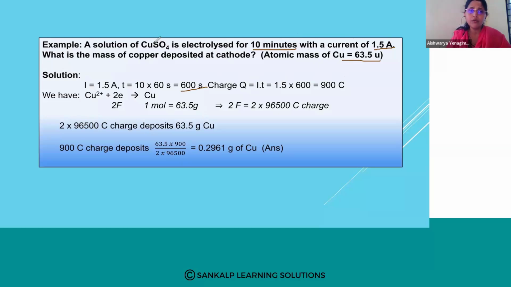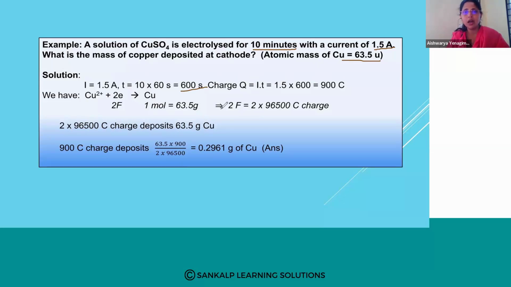So copper from copper sulfate solution. The reaction is Cu plus 2 state, it will take 2 electrons. So how many Faradays of charge? 2F. And 1 mole is equal to 63.5 grams of copper. Fine. So solve. 2F is nothing but 2 into 96,500 coulombs of charge deposits 63.5 grams.